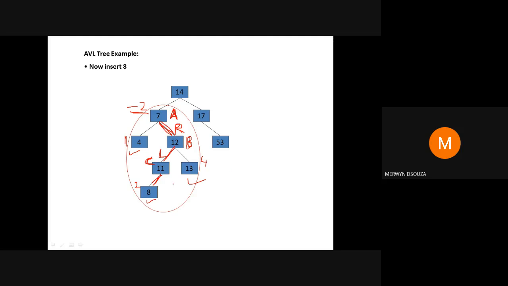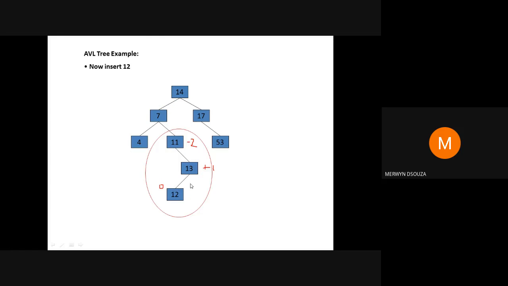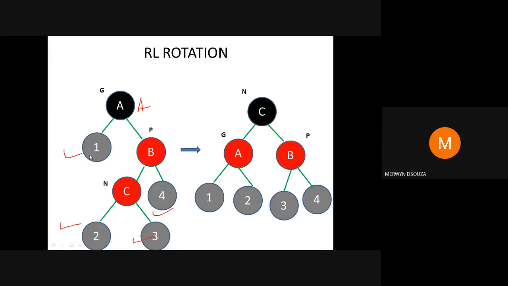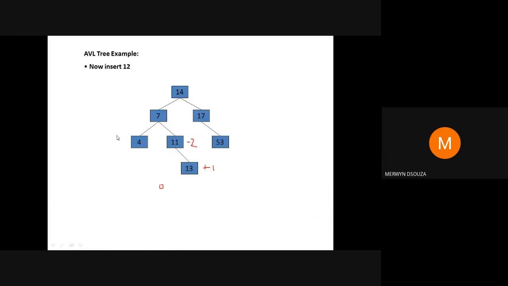Okay, I'm just looking at this here. A's left child is 1. C's left child is 2. We are not having this one, and B's right child is 4. So once I have labeled it, I go forward and balance it. Once I have labeled it, I will balance it.